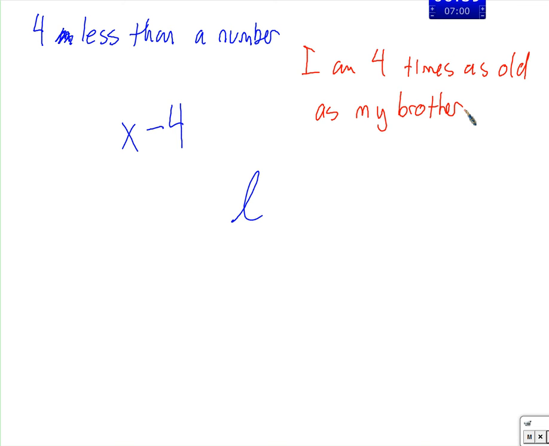If I told you my brother was 7, you multiply 7 by 4, and you get my age, right? So 4 times whatever the number is. We can let it be x, we can let it be b. Why might I choose b? It's my brother starts with b. So whatever we want, right?